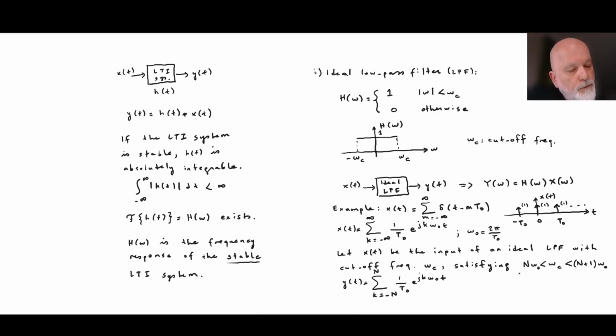And if we plot y of t, the plot will not be very easy to show graphically, because we have it at 0 and t0, and, for example, let us plot what happens at minus t0.